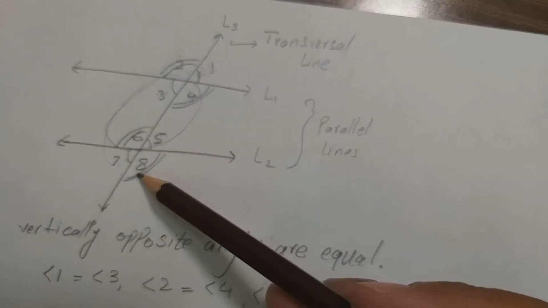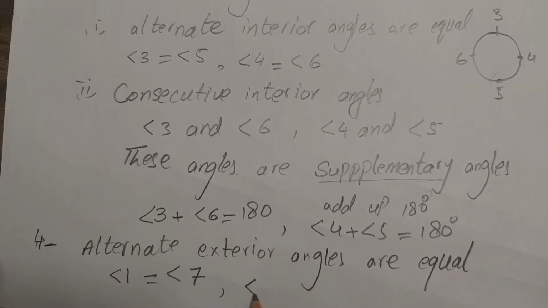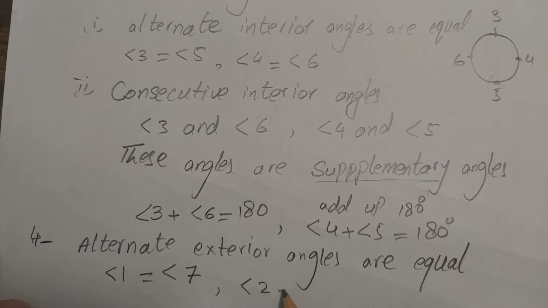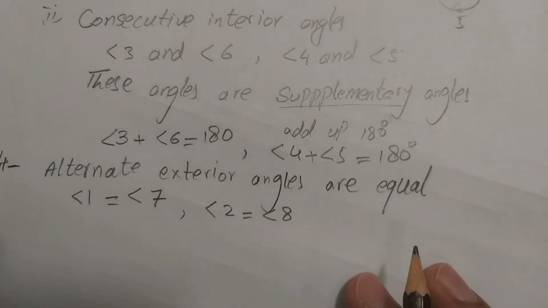So angle 1 equals angle 7, angle 2 equals angle 8. They are equal.